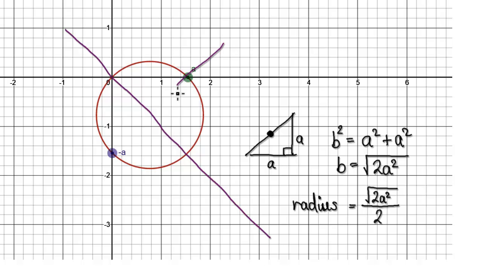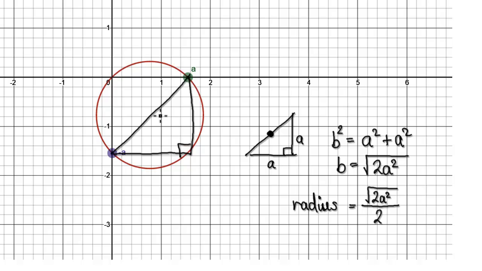As it turns out, the center lies right here, where this distance must be the same as this distance, and the same as this distance. So to find the center of the circle, we've got to find out the radius first.